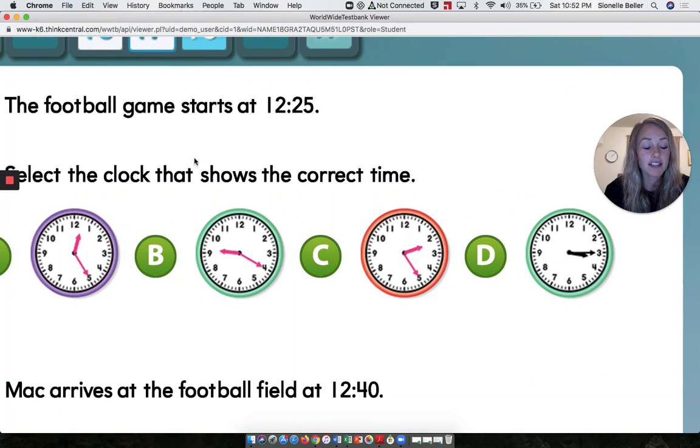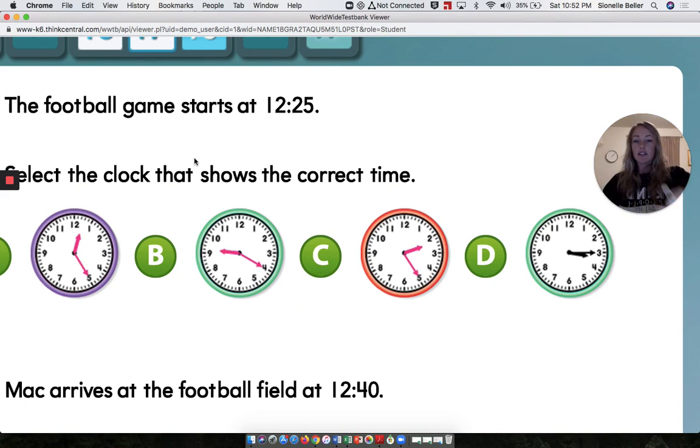And the hour hand is which one, small or big? Small. The hour hand is the small one, because remember, we have the word hour and we have the word minute. Which one is longer? The word minute is longer, so the minute hand is longer, okay?